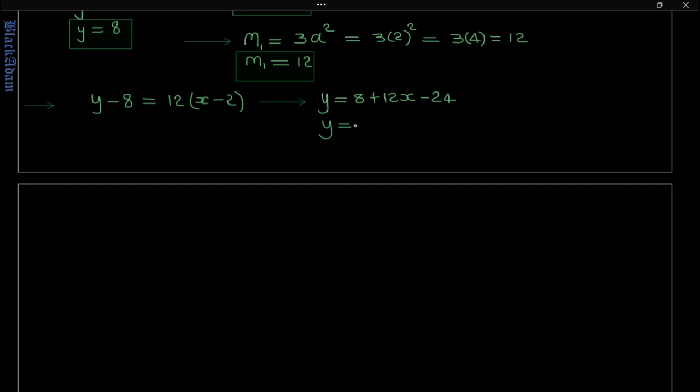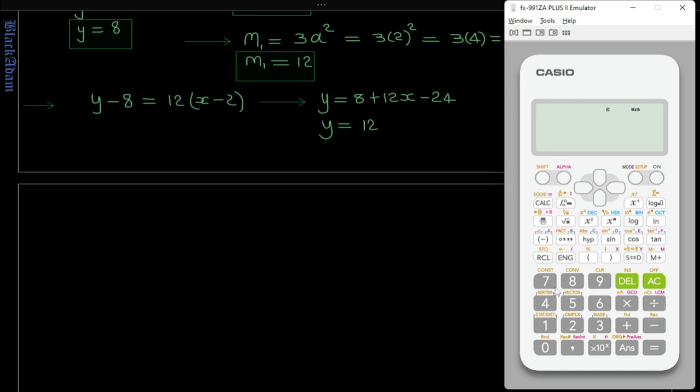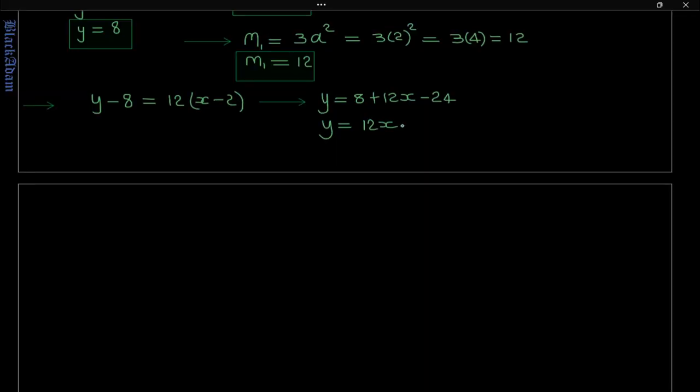So y is going to be 8 plus negative 24, which gives us negative 16, so it's 12x minus 16. So that is one part of the equation.